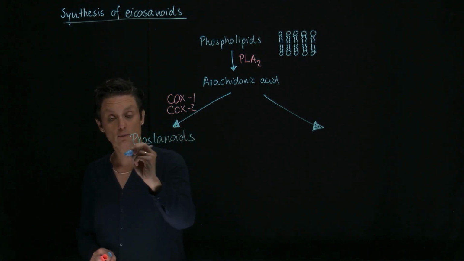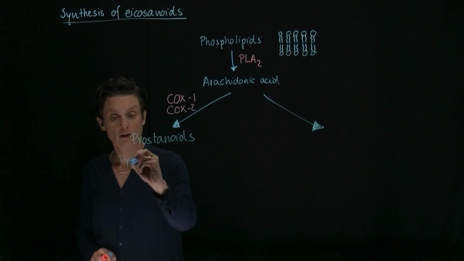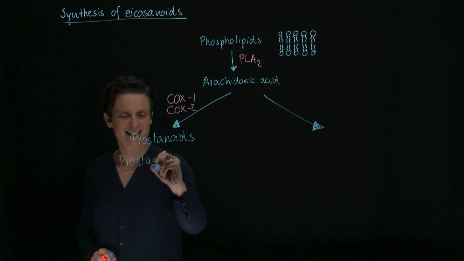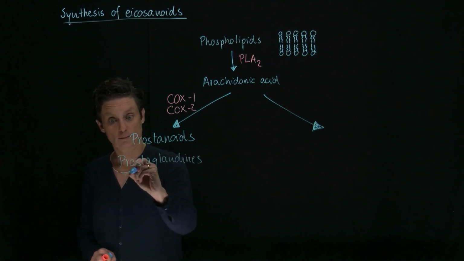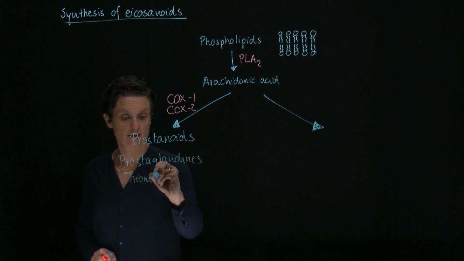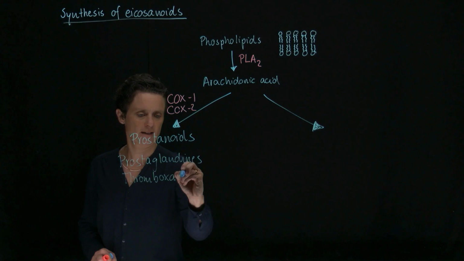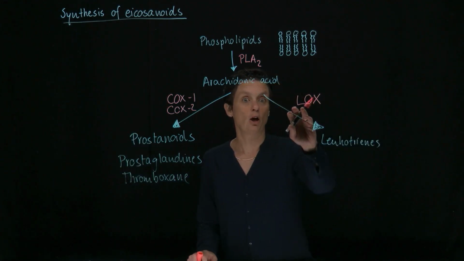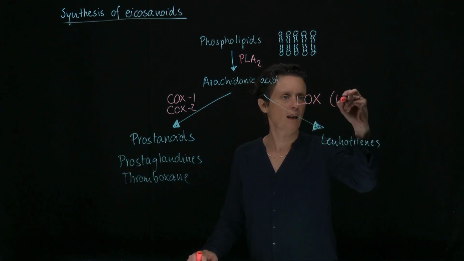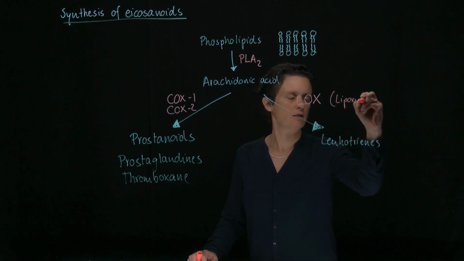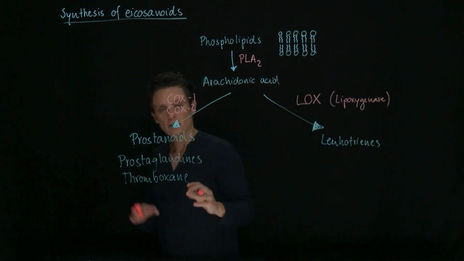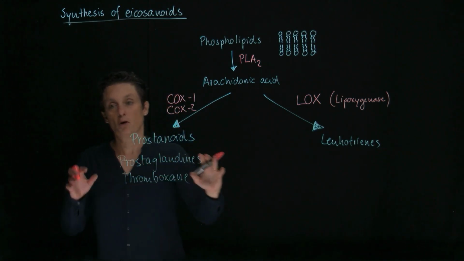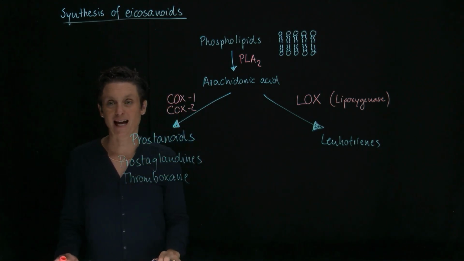As we said, what belongs to the prostanoids are the famous prostaglandins and the thromboxane, which has very important vascular effects. And then we have LOX. This is lipoxygenase, making us leukotrienes. So this is just a brief overview of synthesis of the eicosanoids.